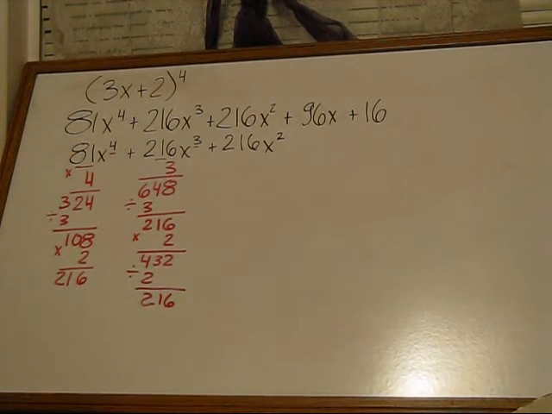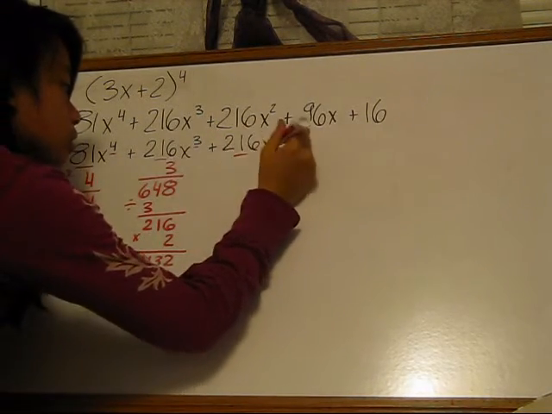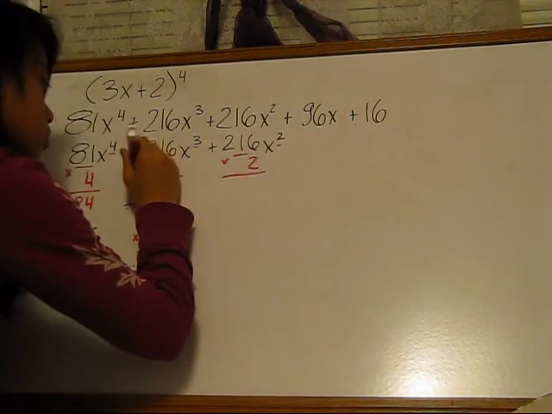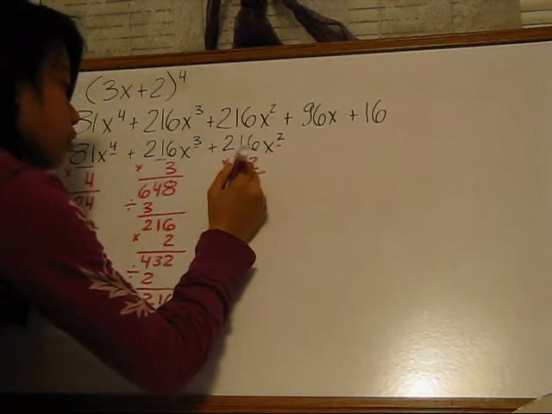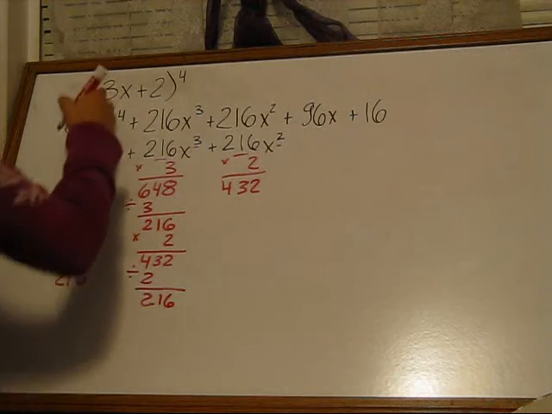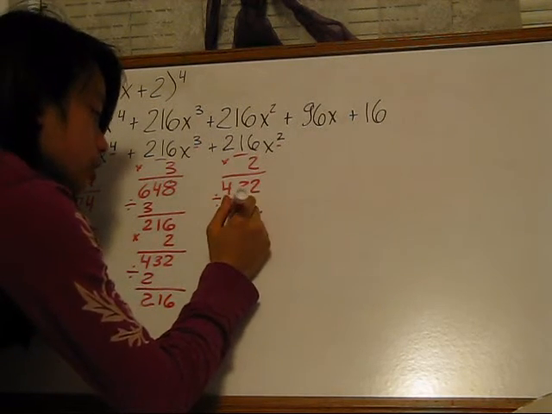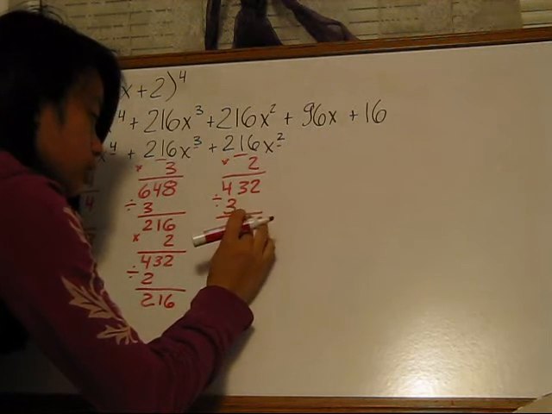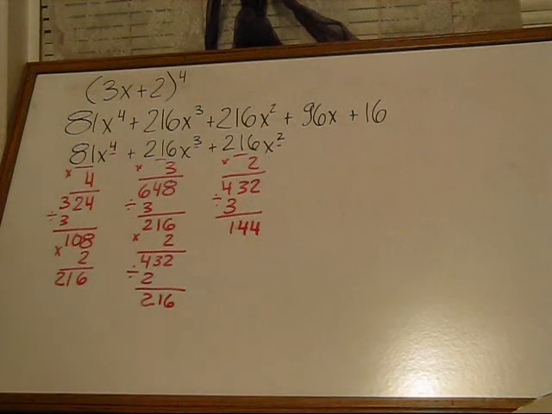Okay, so next you would do the same thing again, and you would do the same thing for the rest of this. So 216 multiplied by 2, that would be 432, divided by 3 is 144.